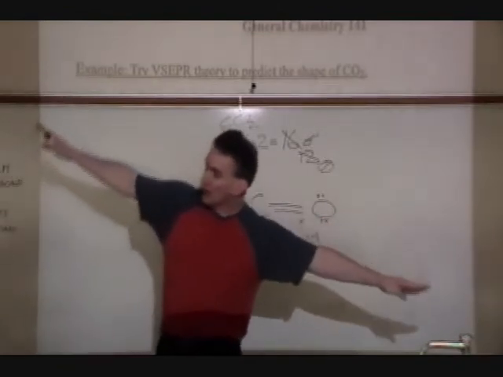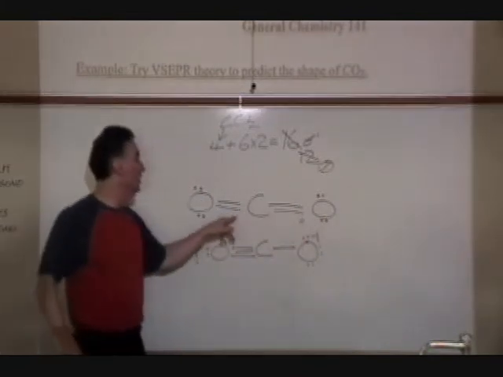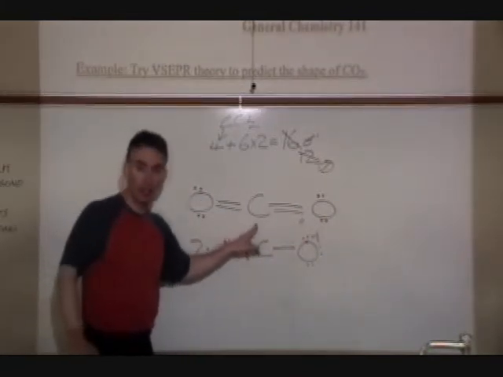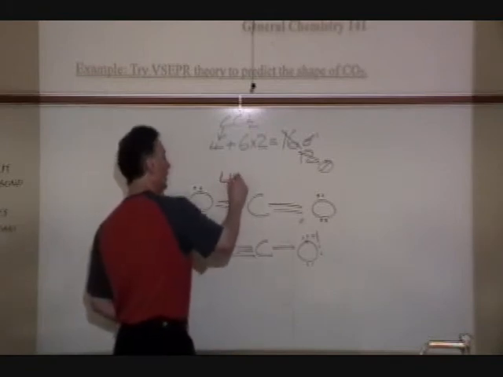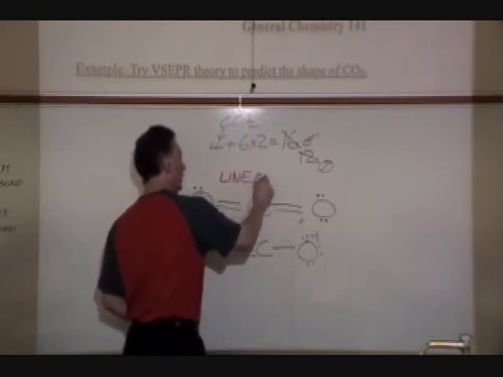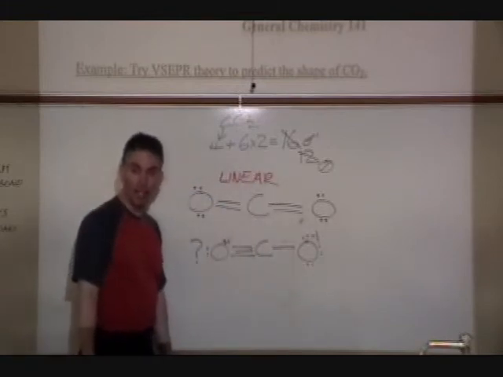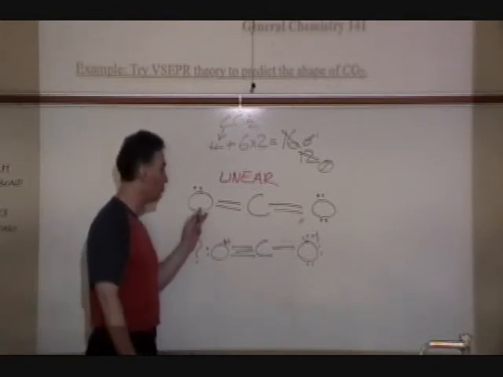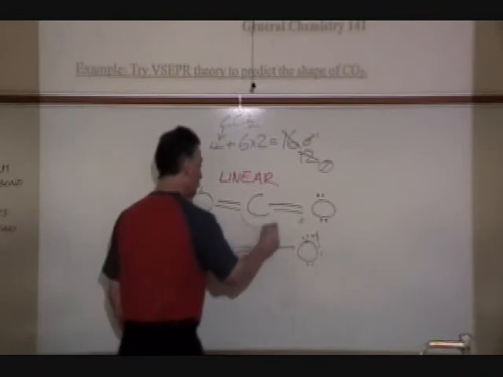The two chemical bonds get as far away from each other as possible and move to opposite sides of the carbon, as we've shown. And therefore the shape that we see for the molecule is linear. A linear molecule with bond angles of, from the oxygen to carbon to oxygen, 180.